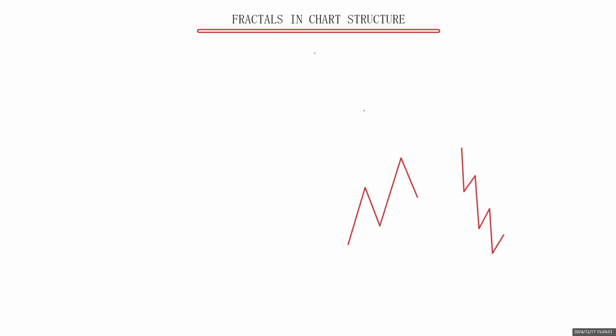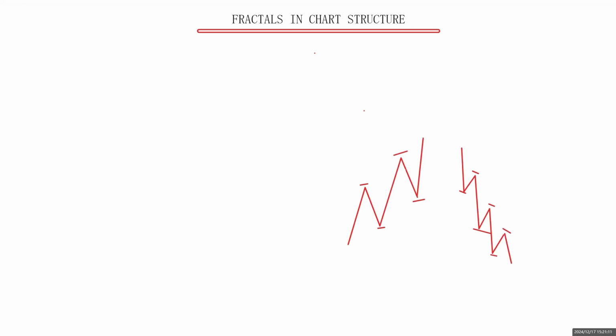So what are fractals? Fractals are the length of the exhaustion. Fractals are the length from here to here. These are the exhaustions, from here to here and from here to here.